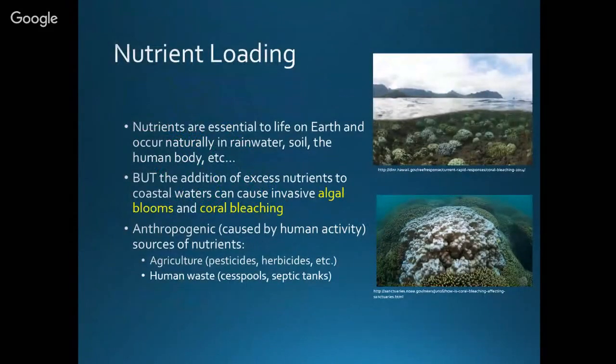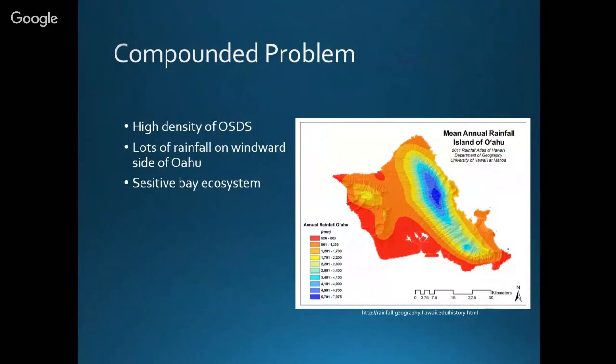So even though nutrients are naturally occurring and essential to life on Earth, excess nutrients, especially in a bay like Kaneohe that has naturally low nutrient levels, can cause invasive algal blooms and coral bleaching. And it's a compounded problem in Kaneohe because of the high density of on-site disposal systems, the high level of rainfall on this side of Oahu, and the sensitive bay ecosystem.